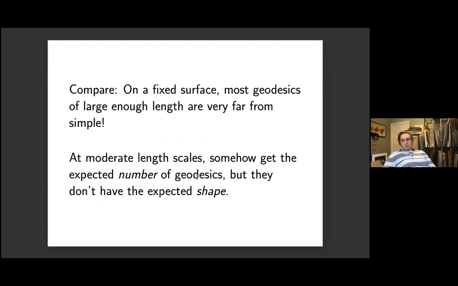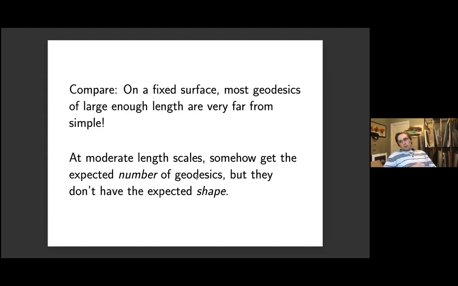Most of them are not simple. And there's a gazillion ways of quantifying this. If you fix a surface and let the length go to infinity, a typical geodesic will intersect itself like L squared many times. Or you could cite a result of Mirzakhani that says you expect the number of simple geodesics of length L to be polynomial in L, but of course there are exponentially many overall.